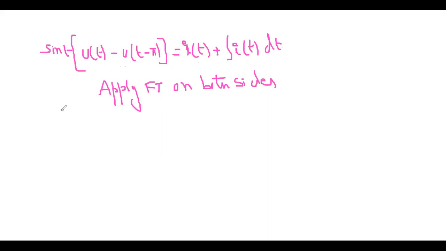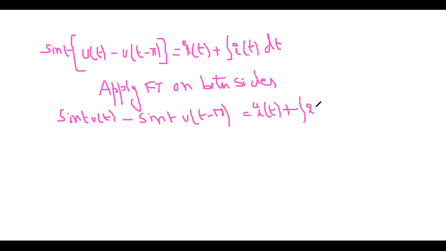You see here, actually, sin t mu of t minus sin t mu of t minus pi is equal to I of t plus the integral of I of t dt.